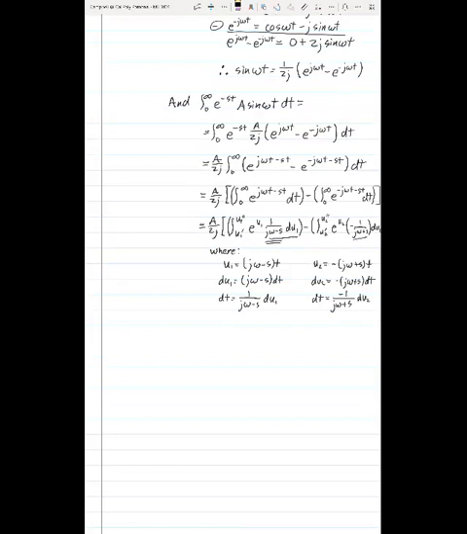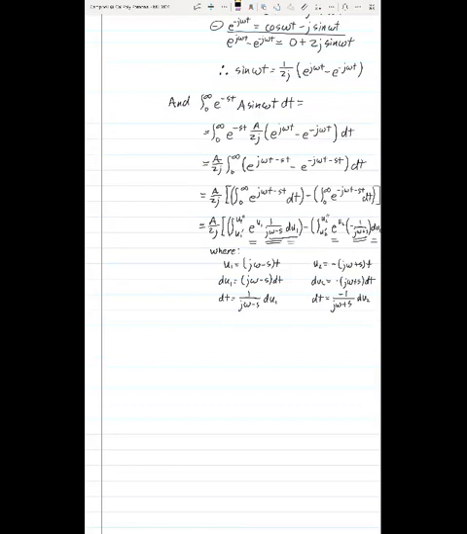This -1 over j omega plus s is a constant. So we can factor both of those out. And then we're just left with the integral of e to the u1 du1, e to the u2 times du2, and integrating that, of course, we're just going to end up with e to the u1 and e to the u2 for both of those.